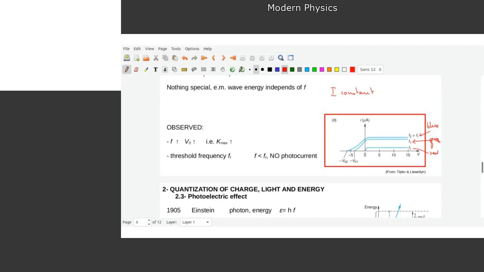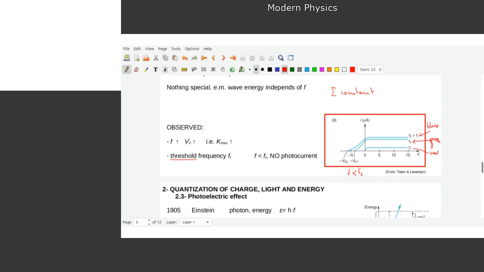The stopping potential will be 0, if you have f smaller than ft, where t is for threshold, okay? And so you have no effect. So this is what I wrote here.